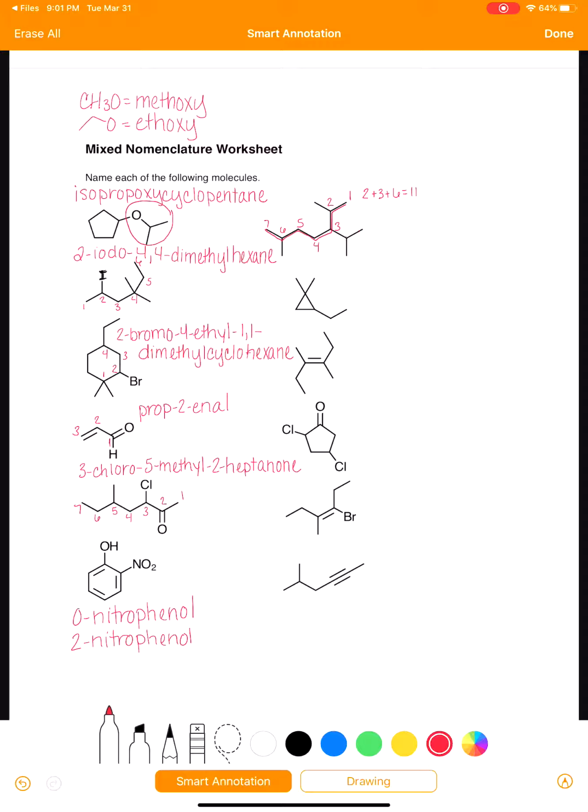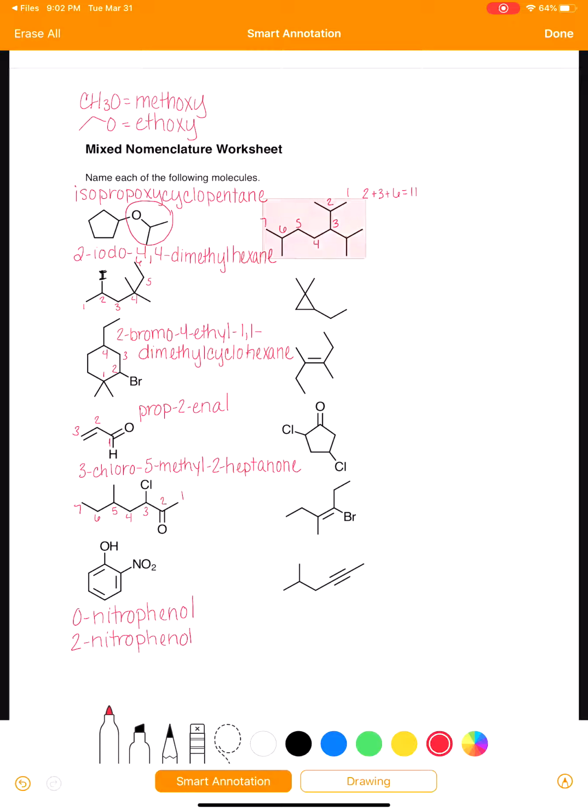That looks pretty good. If I numbered the other way, let's just try it since I was wrong the first time. If I numbered the other way, 2, 5, and 6, that's definitely not right. That's going to be more than 11. So we're numbering 1, 2, 3, 4, 5, 6, 7.